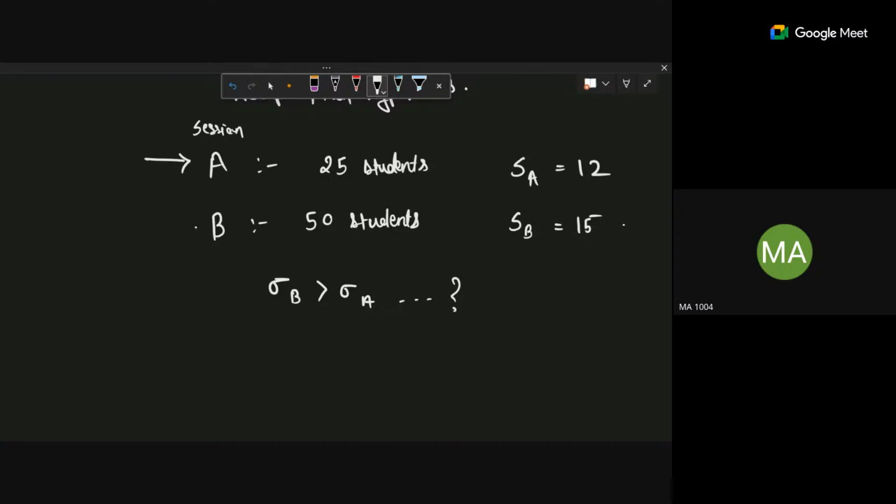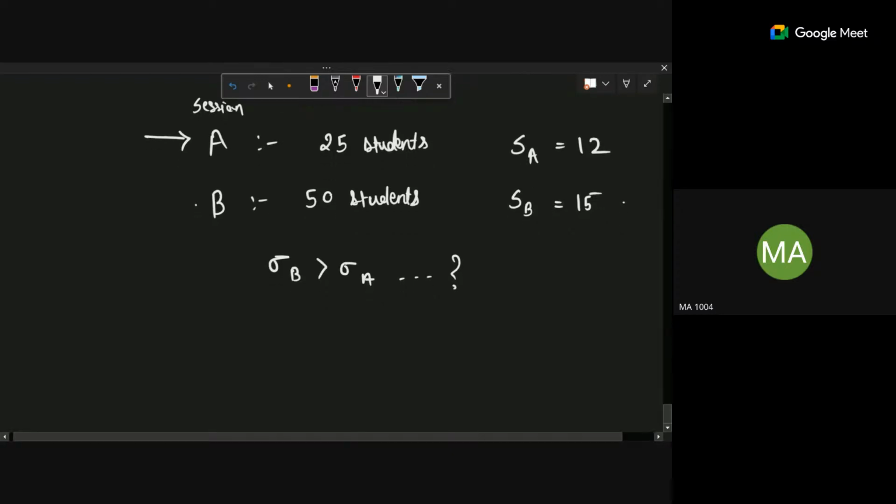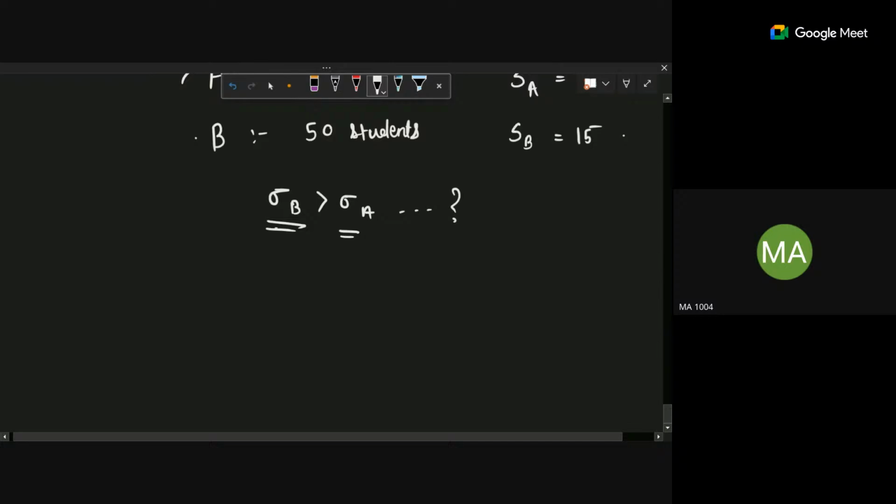Whether the variability in marks can be measured by variance of marks, right? So whether the variance of B is greater than variance of A, that was the question.